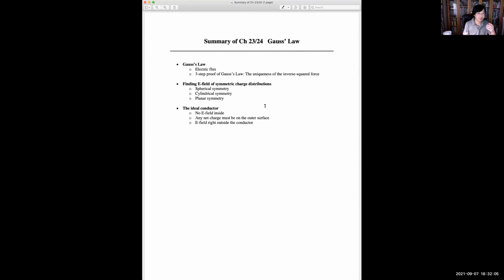Okay, similar to that, you have planar symmetry. This time we just draw a box with top and bottom surfaces parallel to that plane, which contains the charge. So anyhow, the idea is the same for any of these three symmetries: draw a Gaussian surface in the shape of the symmetry, either a sphere or cylinder or box, depending on which shape it is.